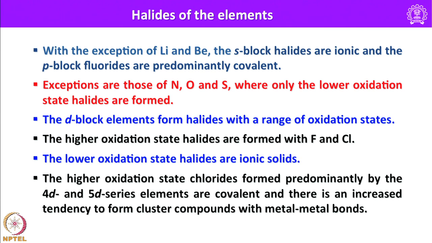I had already mentioned that fluorine is capable of stabilizing any element in the periodic table in its highest possible oxidation state, and the lower oxidation state halides of main group elements are essentially ionic solids. The higher oxidation state chlorides are formed predominantly by the 4d and 5d series elements, and they are covalent, and there is an increased tendency to form cluster compounds with metal-metal bonds.